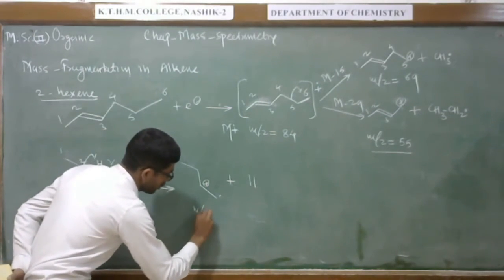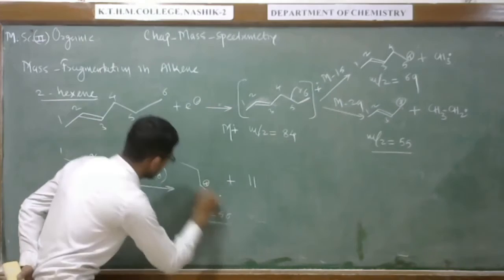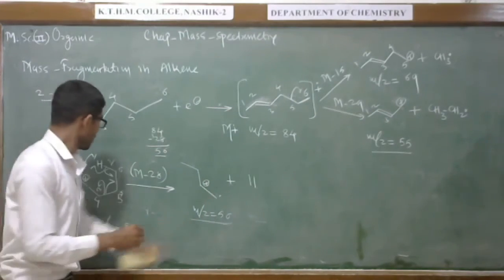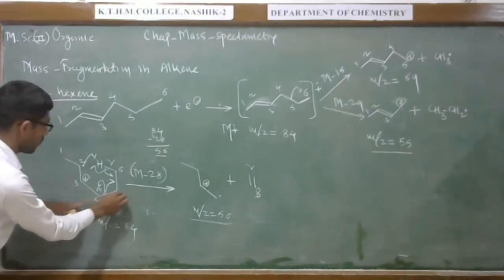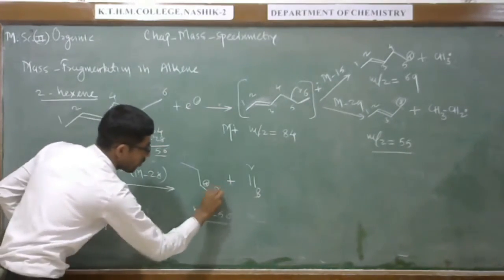So this peak we can observe at mass to charge ratio 56 after loss of a neutral alkene molecule. The gamma-beta and alpha-beta bond is broken here. So this alpha bond here.